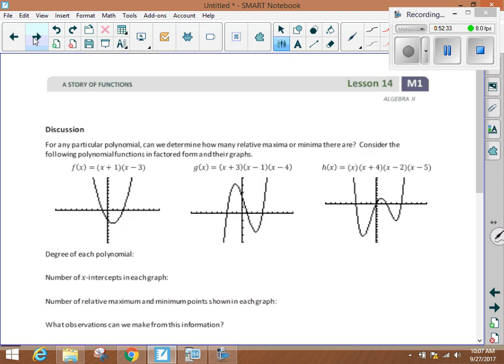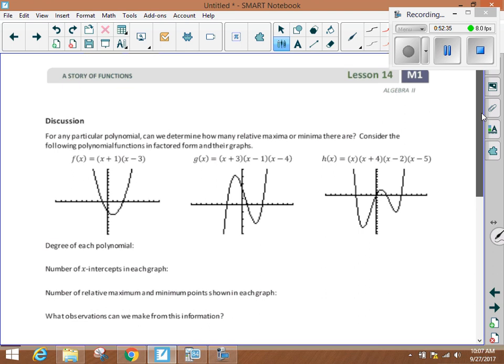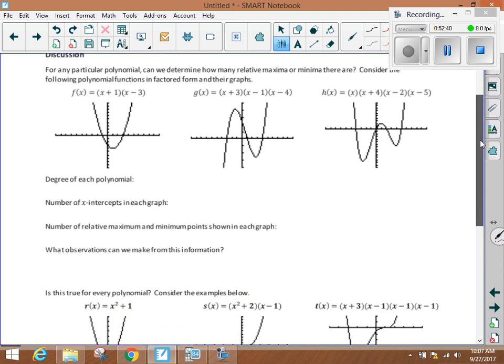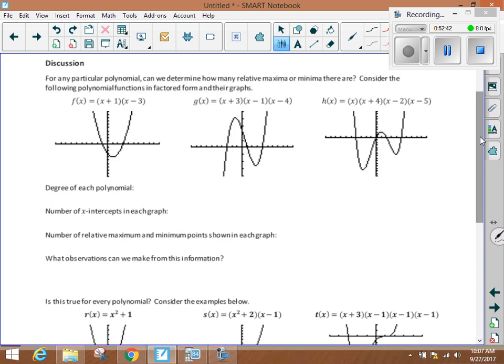There's some very important stuff that we need to discuss. We're able to determine how many relative maxima or minima there are based on the degree of each polynomial. The degree of this polynomial is 2. This one is 3.